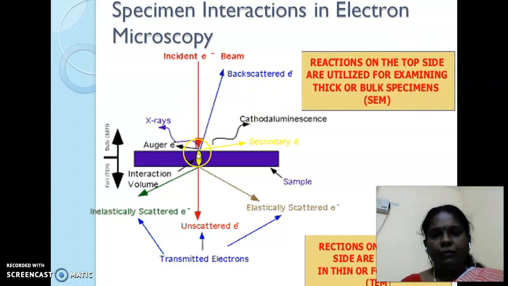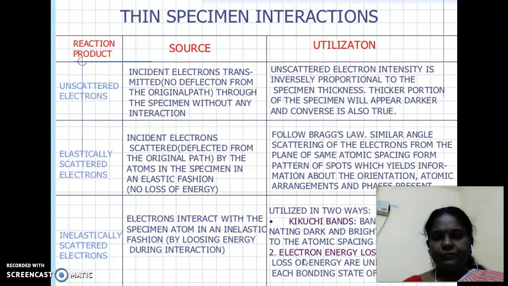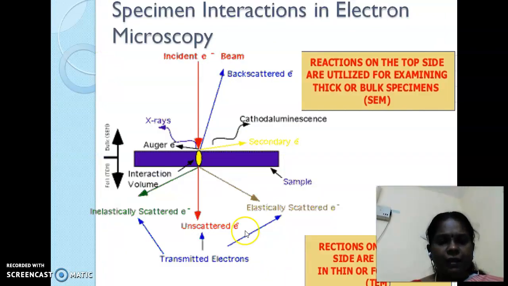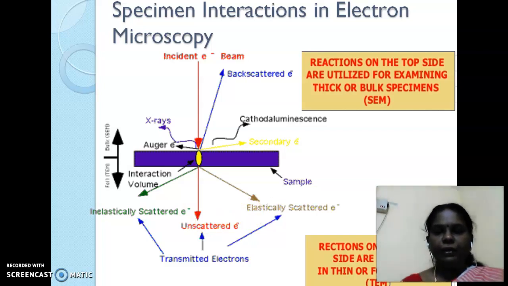As the incident electron beam gets transmitted through the thin sample, those can be used for TEM. They are nothing but, first one is unscattered electrons, second one elastically scattered electrons, and third one inelastically scattered electrons. These are transmitted electrons. These transmitted electrons are mainly utilized in the transmission electron microscope.